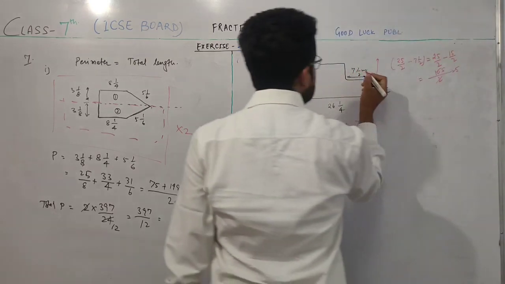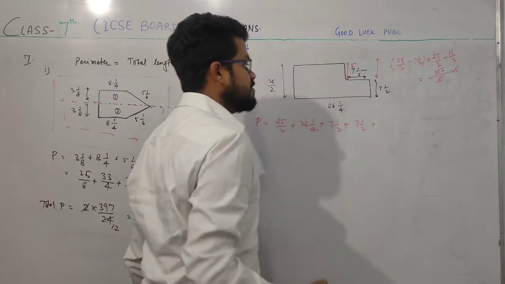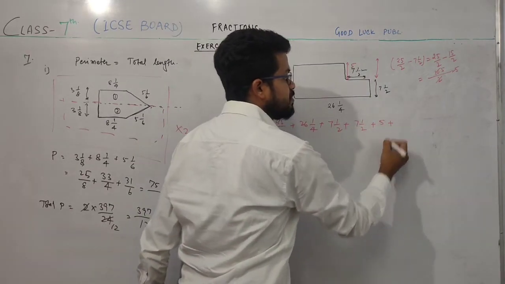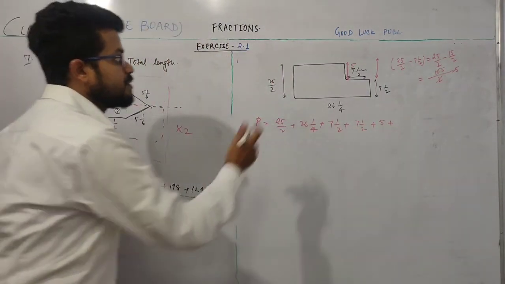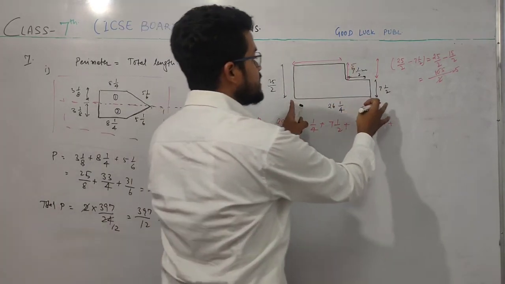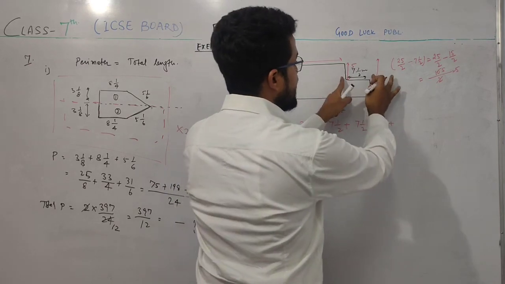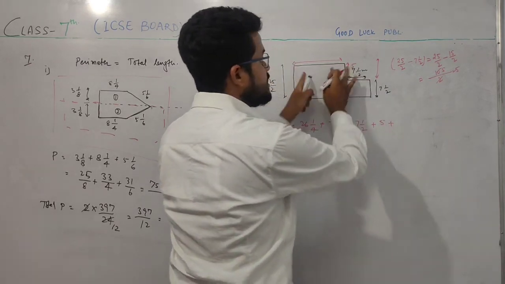So this length is how much? This length is 5, so I write here 5 plus. Now how much is this length? I simply subtract from the total 26 1/4 minus 7 1/2, and we get this value.